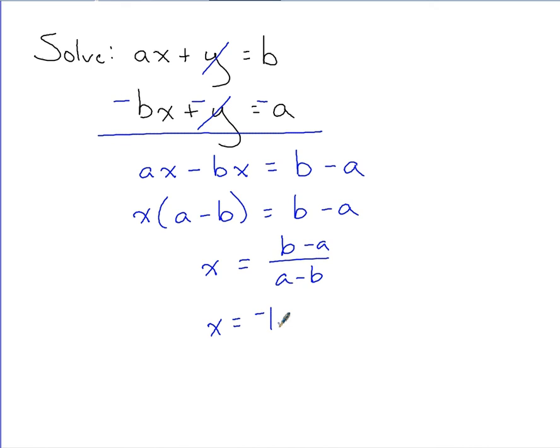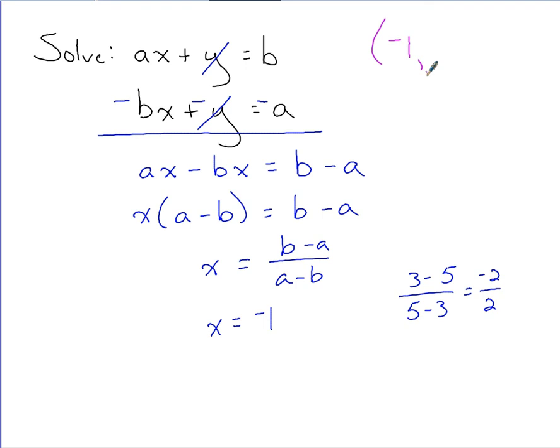Say that a is 5 and b is 3. If you do that, you've got 3 minus 5 over 5 minus 3, right? So up here we get -2, down here we get +2. You're always going to end up with opposite results that you're dividing, and if you have opposite results that you're dividing, you get a -1 back. So x is -1, building an answer that is the ordered pair.